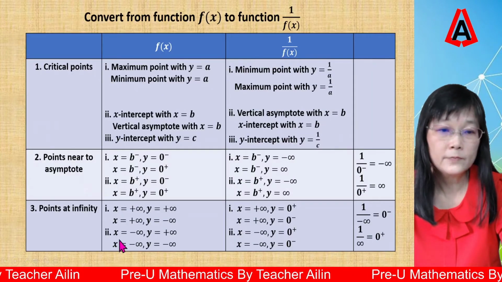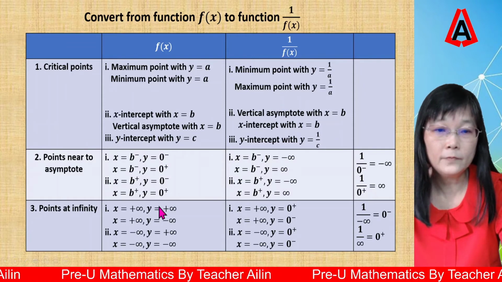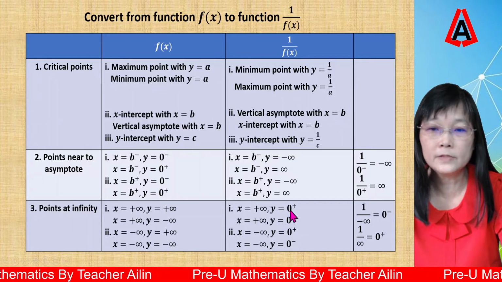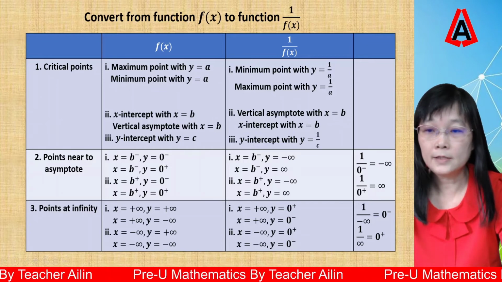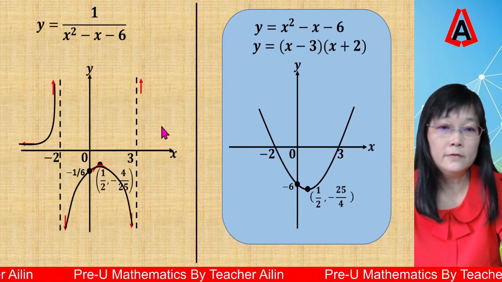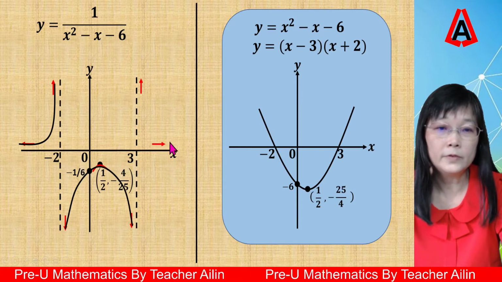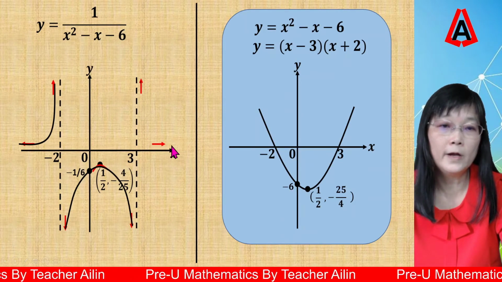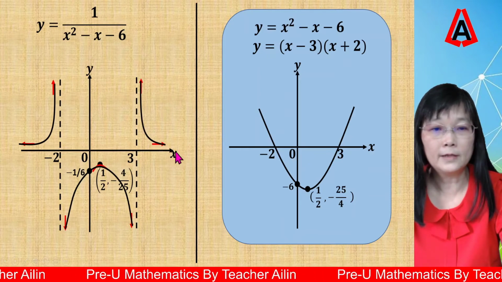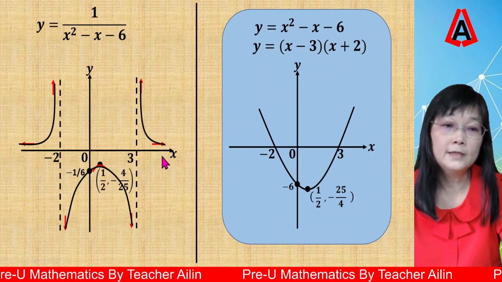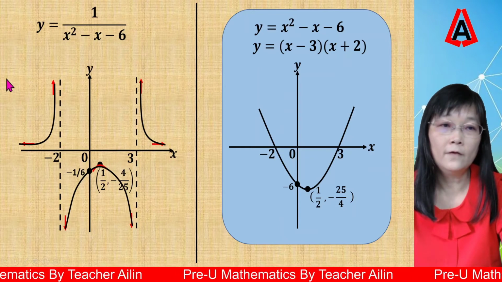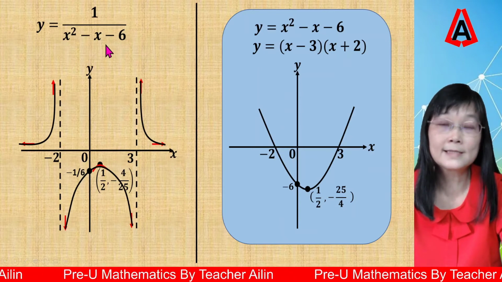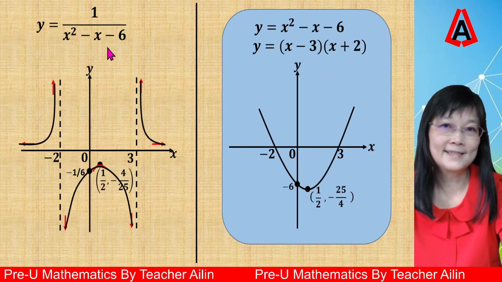When converted to the reciprocal function, it becomes y greater than 0. So now the value of y will be here. When we combine the values of y, the graph will be like this. Finally, this is the graph of the reciprocal function 1 over x power 2 minus x minus 6.